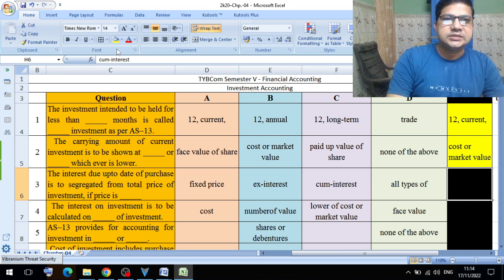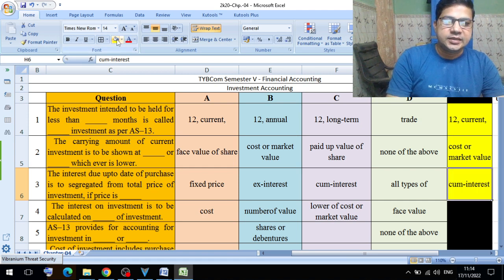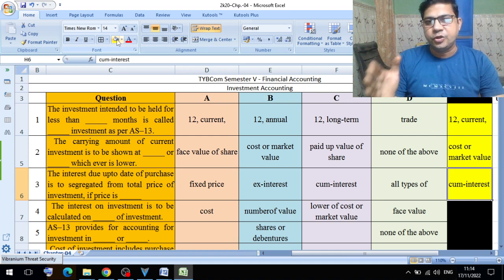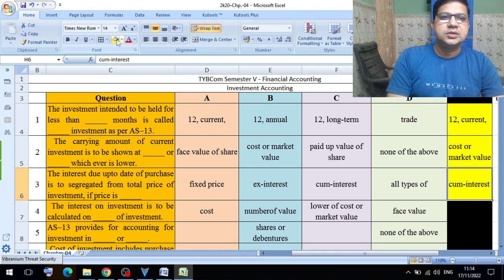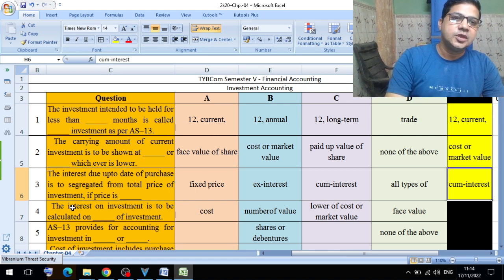Here the answer is cum interest. Whenever interest is due up to the date of purchase, it is to be segregated from the total price of the investments if the price is cum interest.